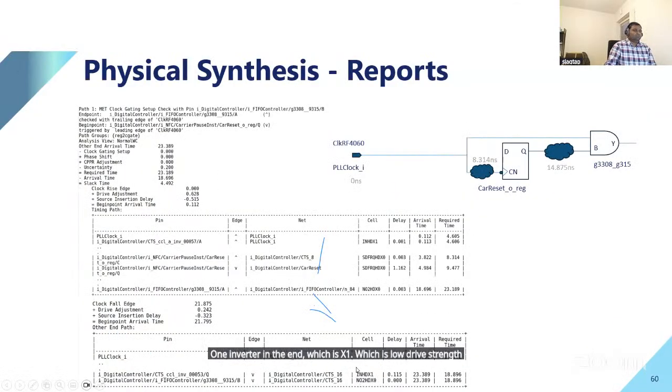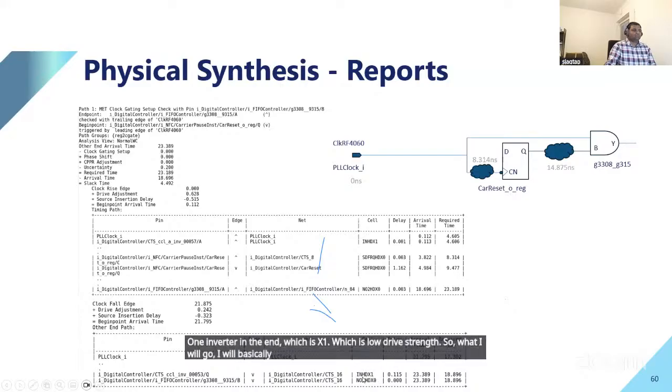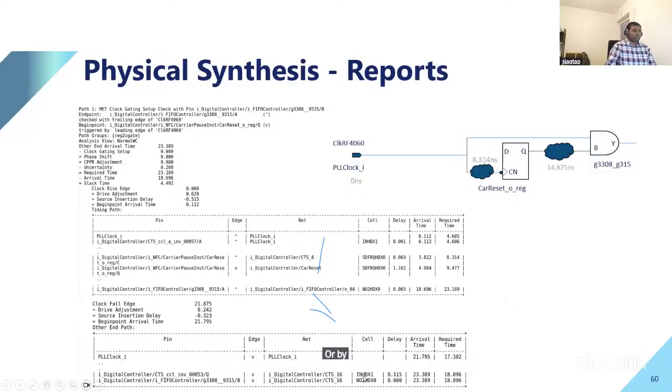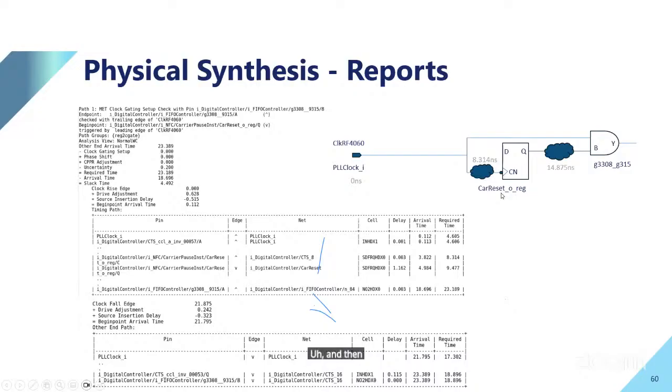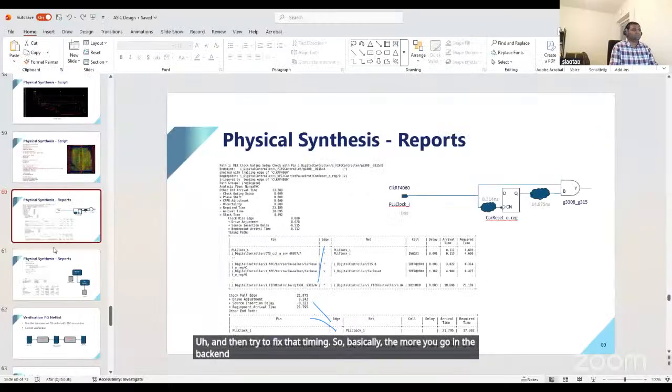So I will swap this inverter manually, or even by a tool command, and change this inverter to X2, or X4 for that matter. And then try to fix that timing. So basically, the more you go in the backend, the more critical it becomes.